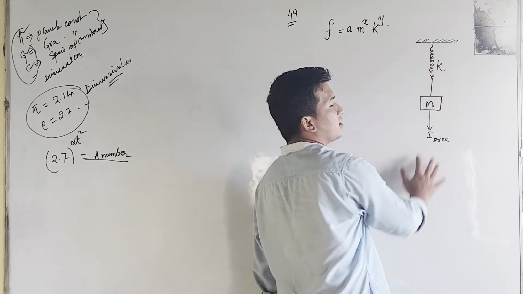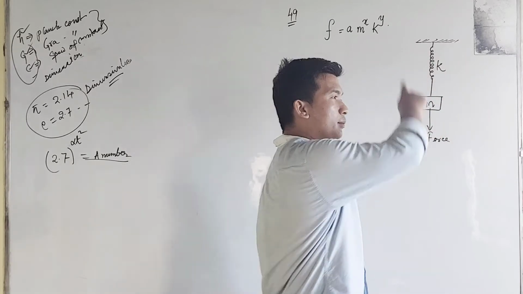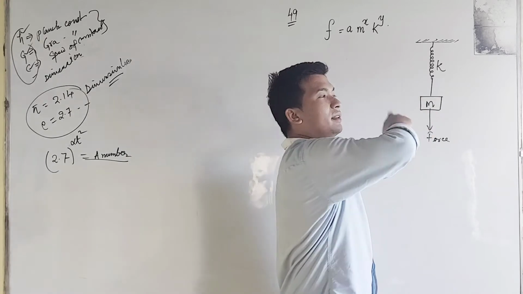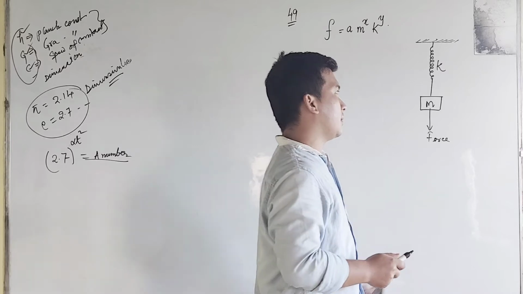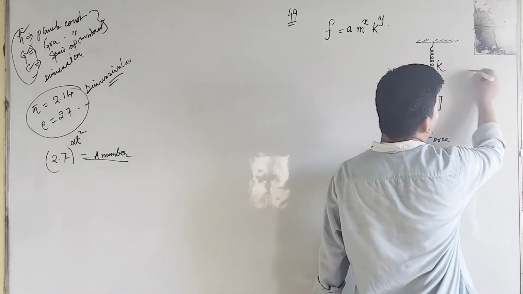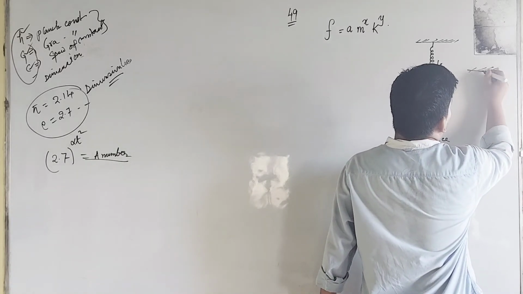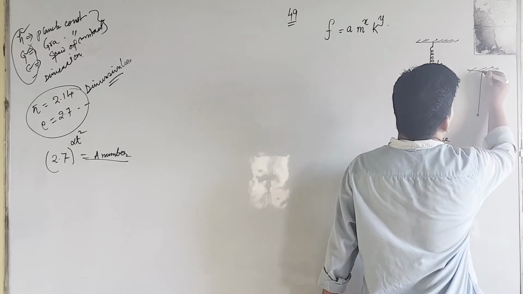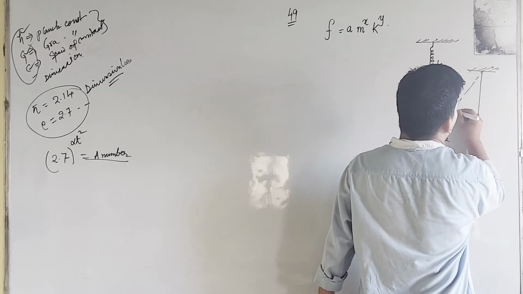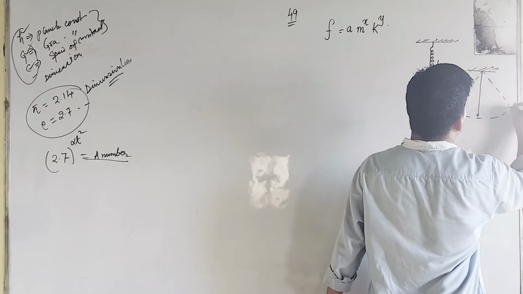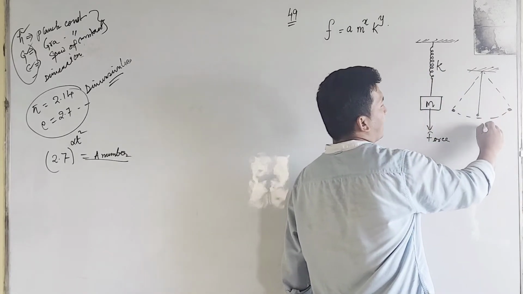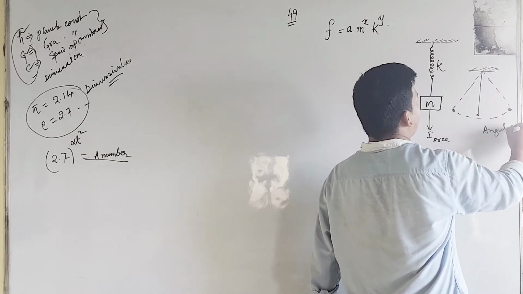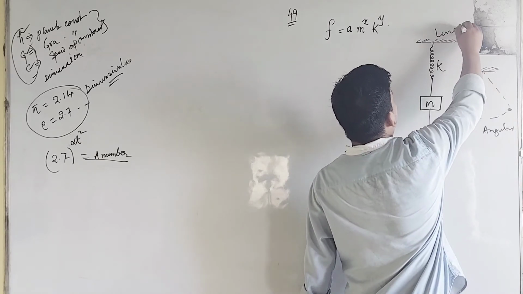The mode of oscillation is linear because the oscillation is in a straight line. If we consider the pendulum, that will be your angular oscillation. This will be your linear oscillation.